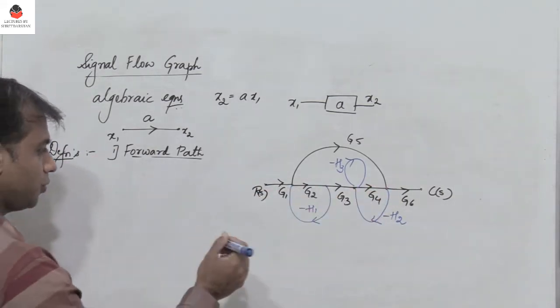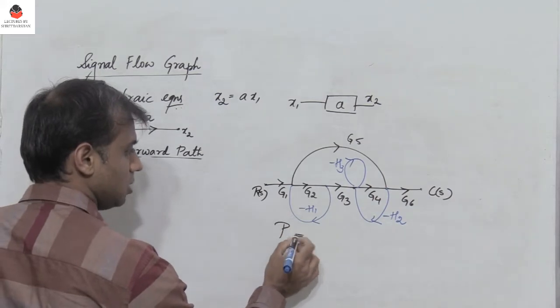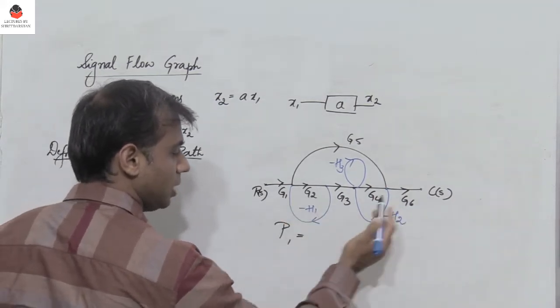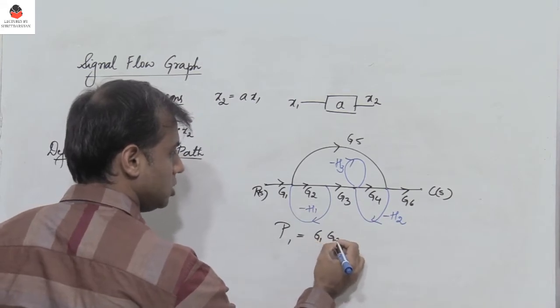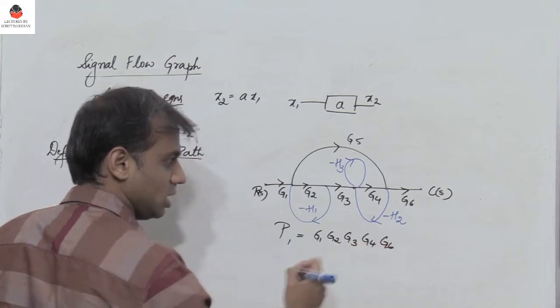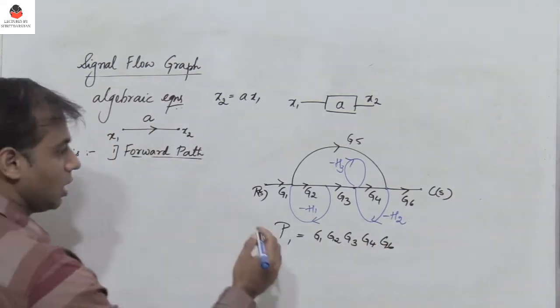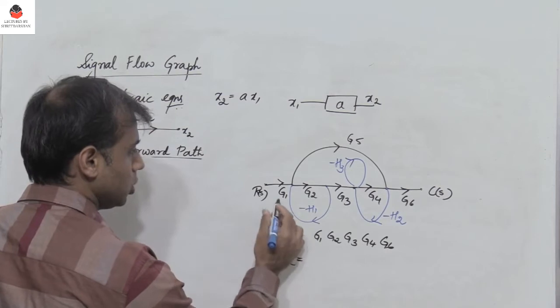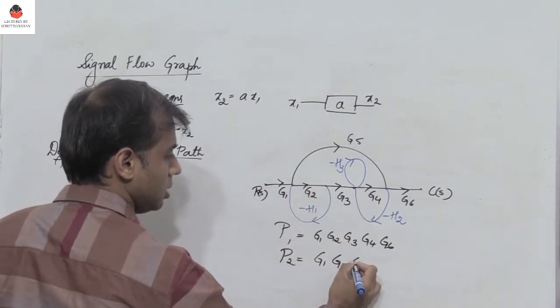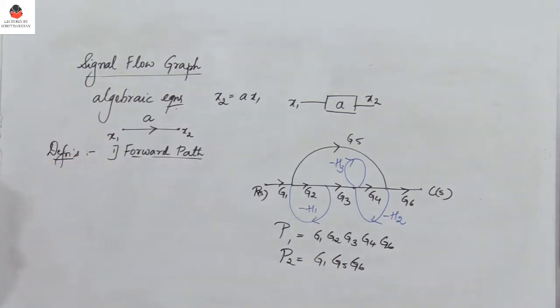So if I consider the forward path P1, I have G1, G2, G3, G4 and G6. Now there is another forward path P2, which is G1, G5 and G6.